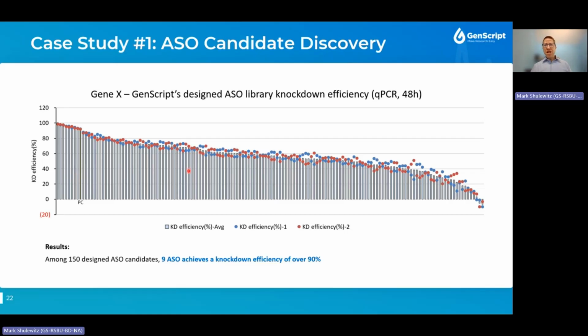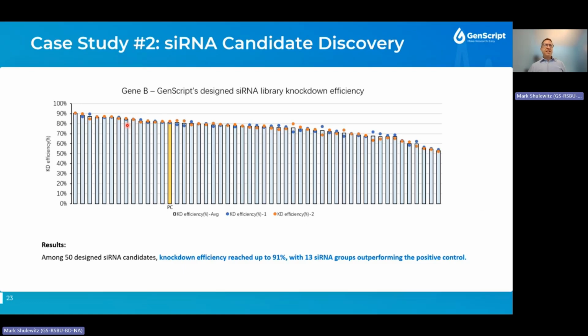Among the 150 candidates, we were able to identify 9 antisense oligos that had not only better knockdown than the positive control, but in each case greater than 90% knockdown, which is pretty phenomenal for RNA interference.